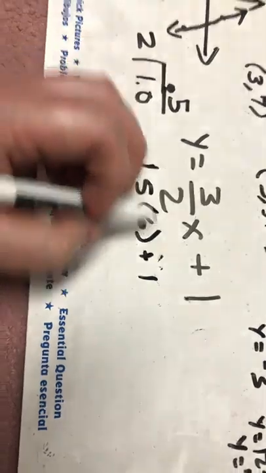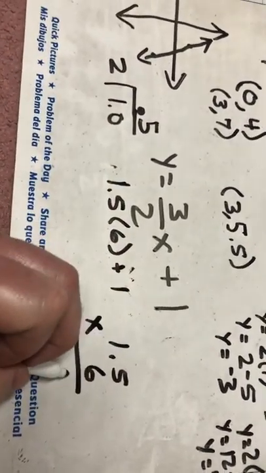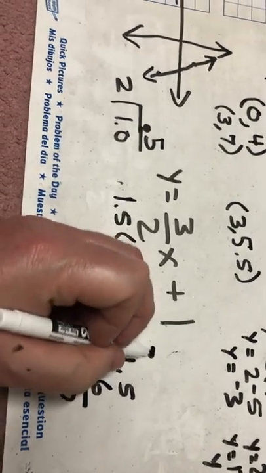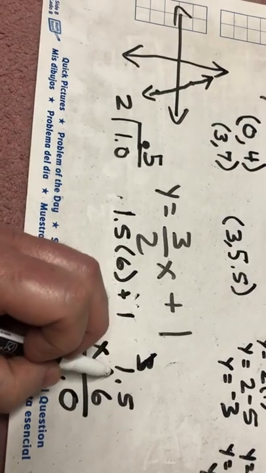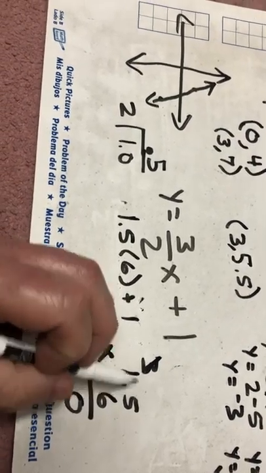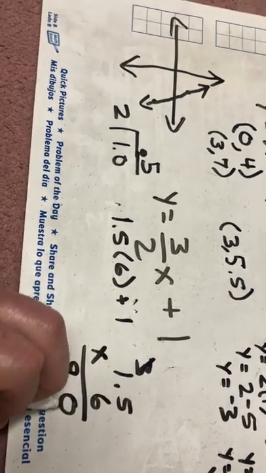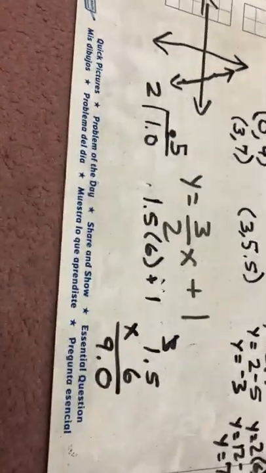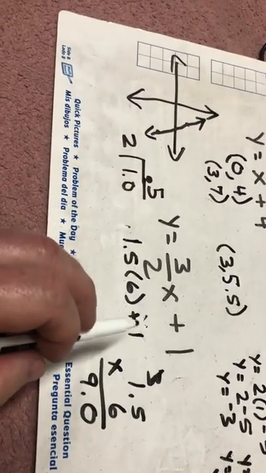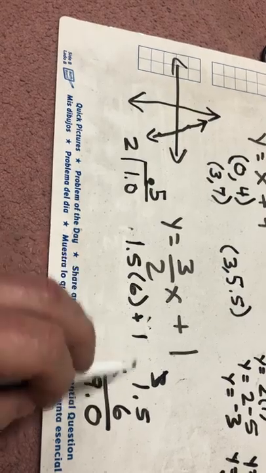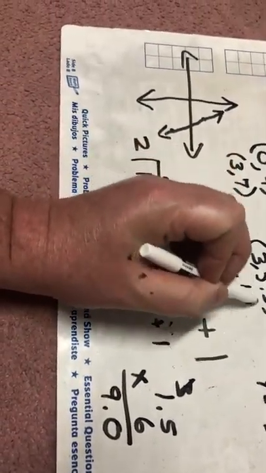So once again, I'm going to have to come over here. 1.5 times 6. 6 times 5 is 30. Put the 0 down, carry the 3. 6 times 1 is 6, plus 3 is 9. Don't drop the decimal, but however many digits come after the decimal in the problem, that's how many need to come after it in the answer. So I get 9.0, which is just 9. I need to remember to add 1. 9 plus 1 is 10. That tells me that my other ordered pair is 6, 10.